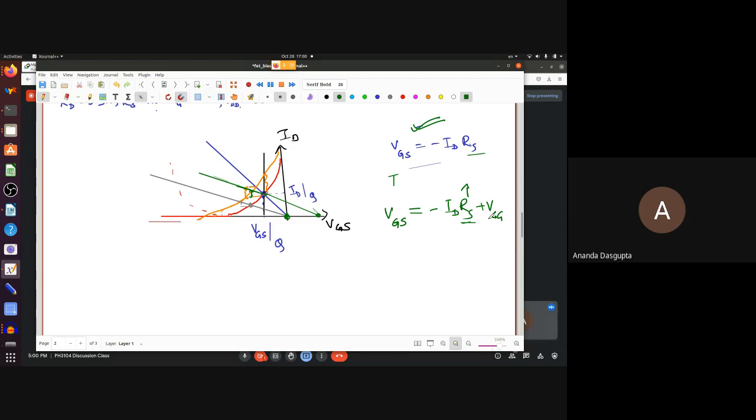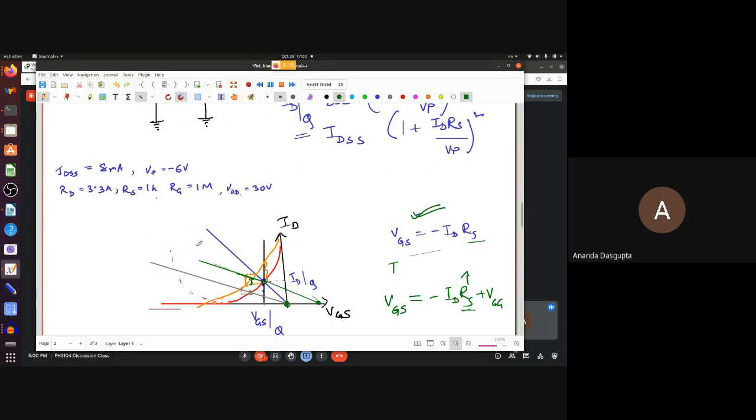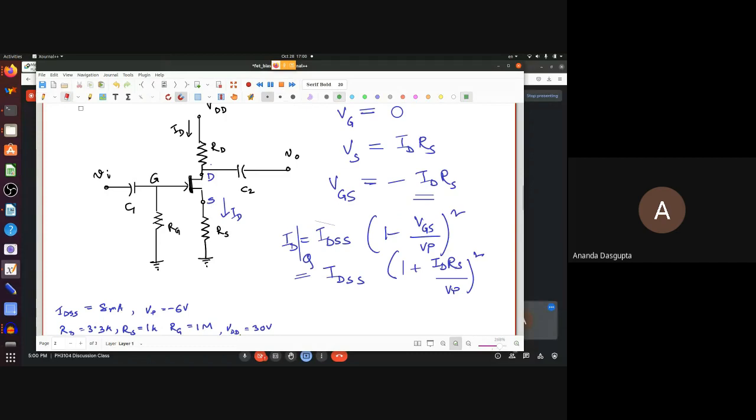What's bad about that? What's bad about using a positive VGG? The only thing that you would have to really do is just put a battery here, VGG.